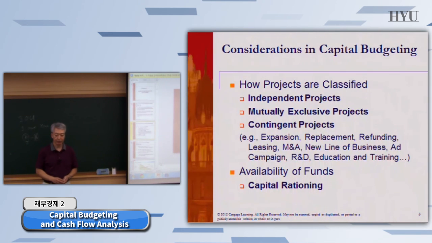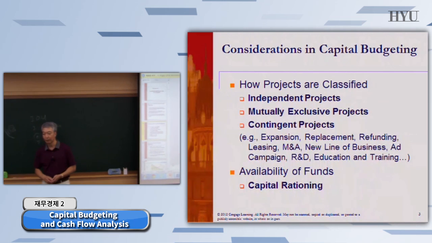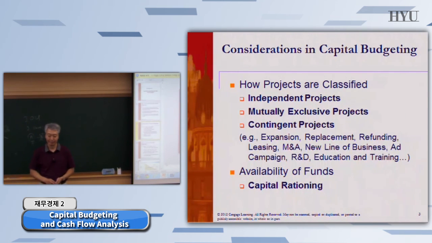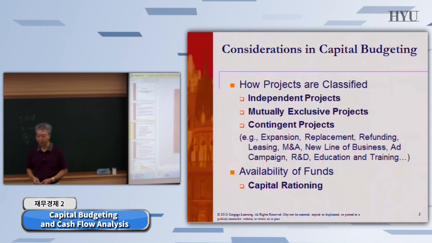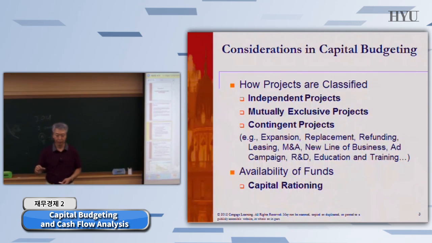Can it be independent or mutually exclusive or contingent? Independent? Yeah, it could be independent, right? But it could also be a mutually exclusive project, just like the BMW example, right? If you had a few alternatives, then that becomes a mutually exclusive project, right?